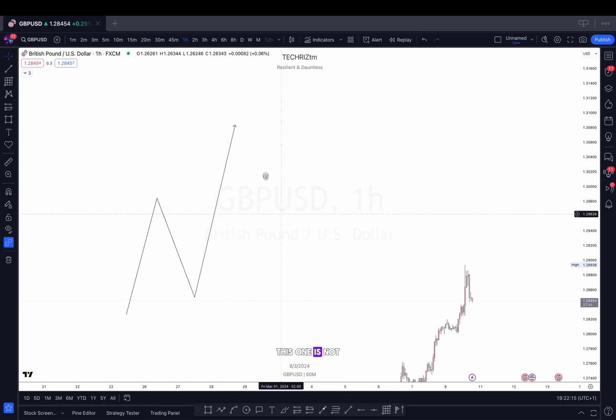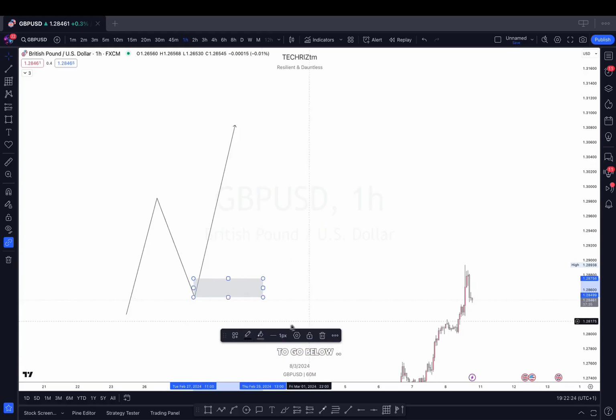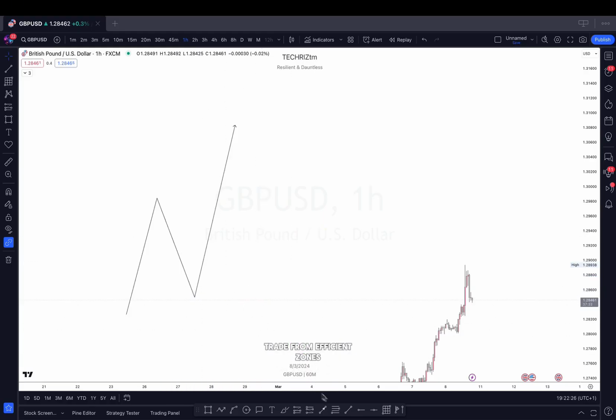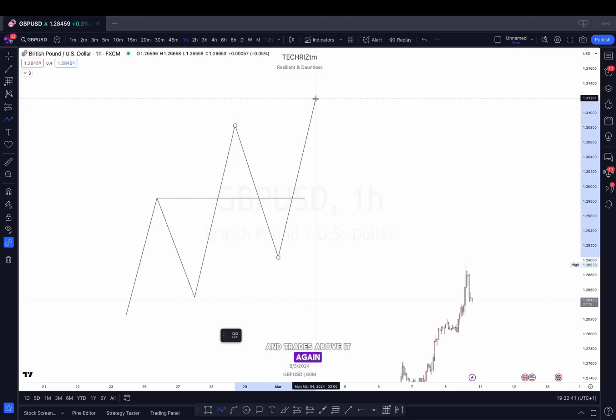Now this price action is not efficient yet, so you cannot tell whether price wants to react from here or whether price wants to go below, because price will only trade from efficient zones. So I said it is only efficient when price has come below this line, that's this high. If price comes into it and trades above it again, you get.